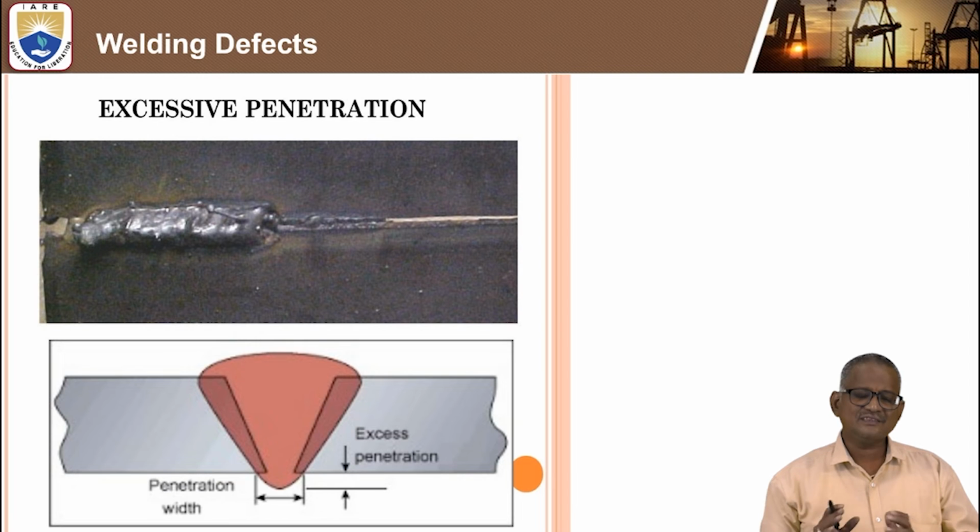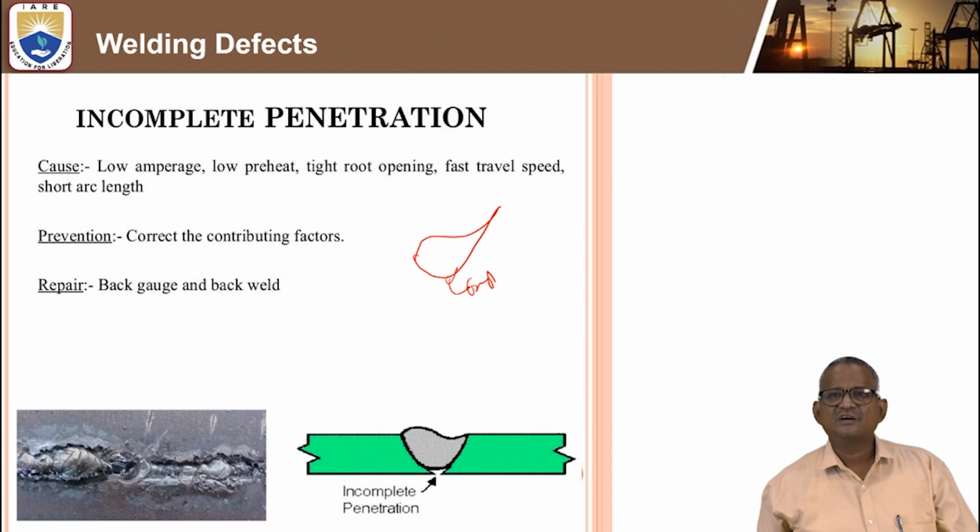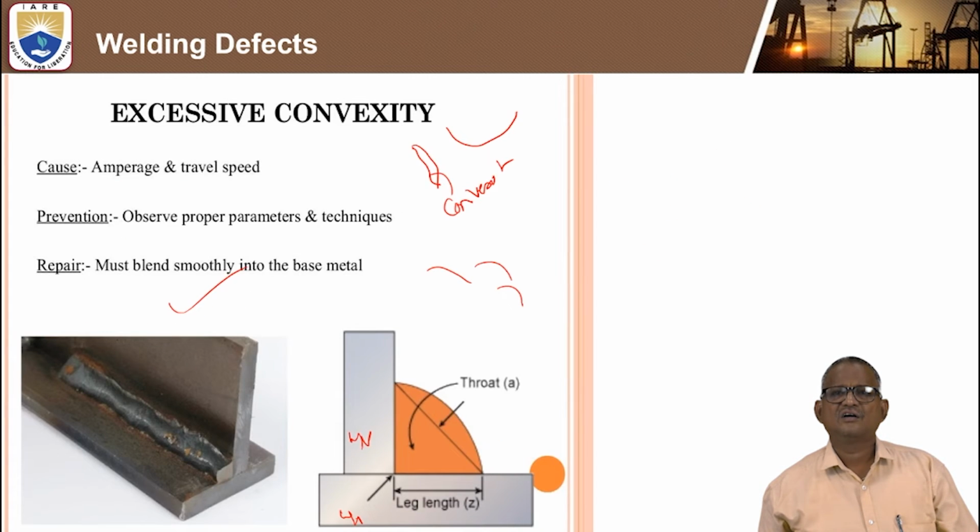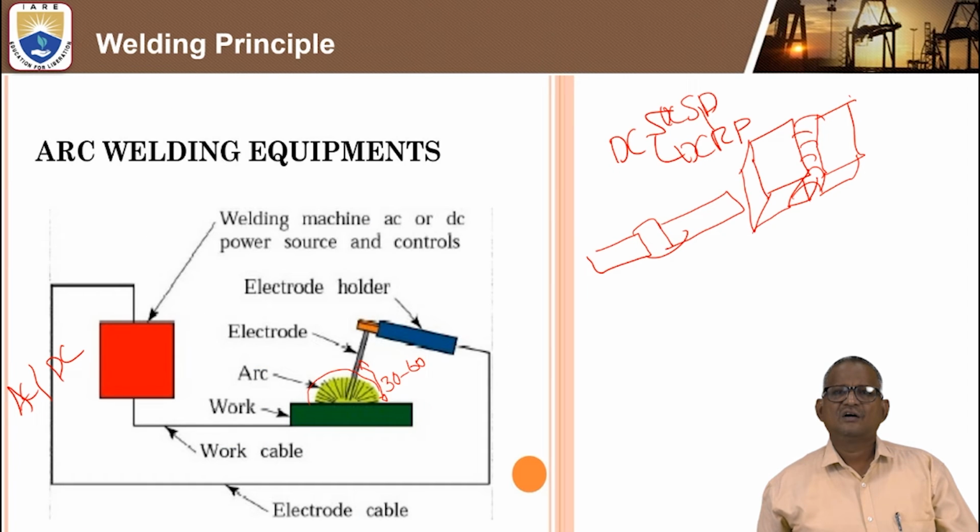Based on this, look at any type of arc welding process, not only arc welding, even solid state welding or some other process like brazing technique, you should maintain some set of instructions.